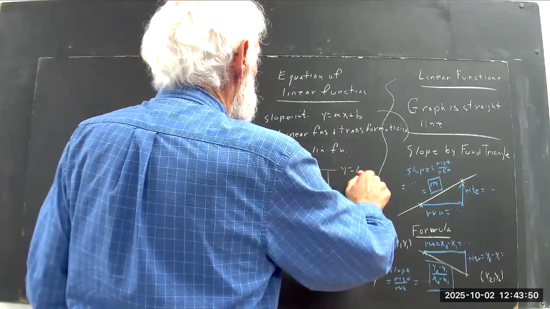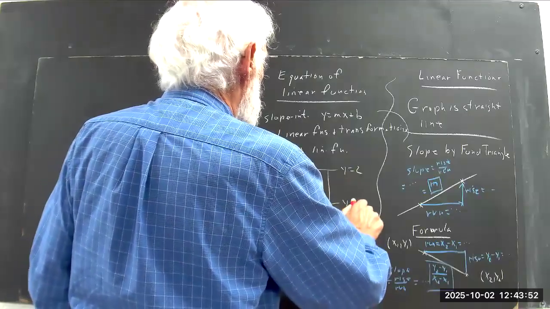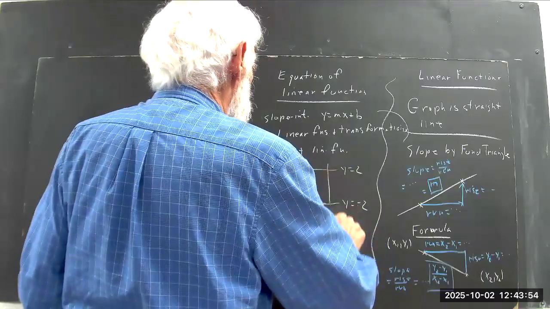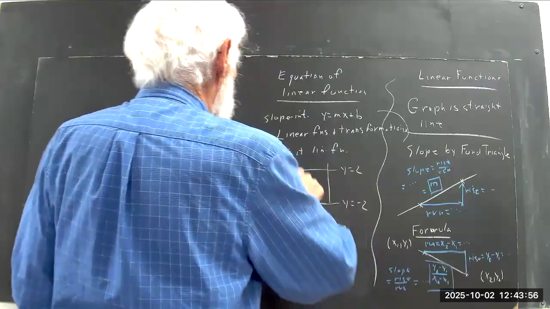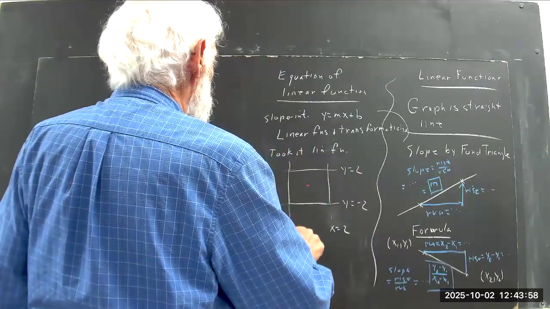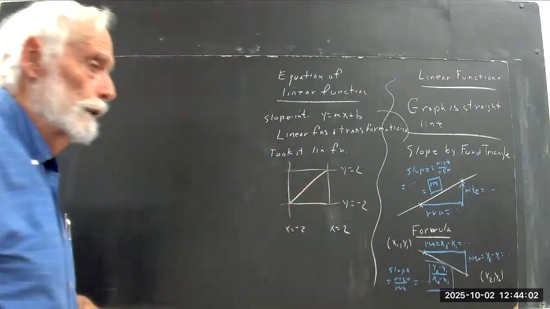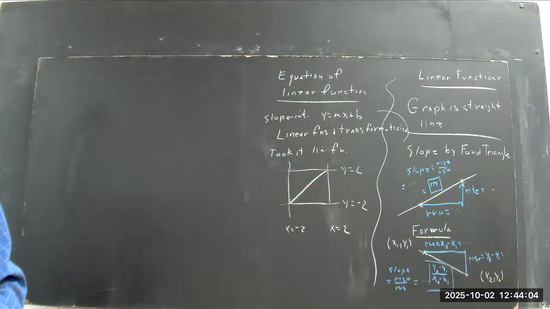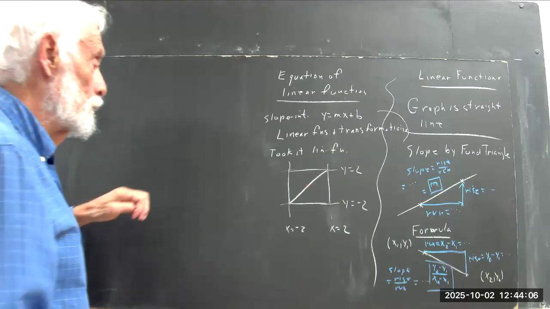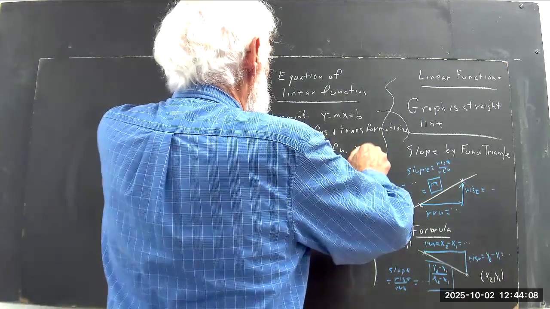This line's y equals 2. This line's y equals -2. This line is x equals 2. This line is x equals -2. And right there it is. Your toolkit linear function is y equals x.